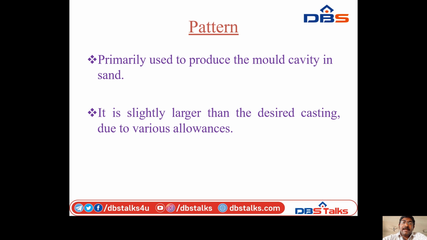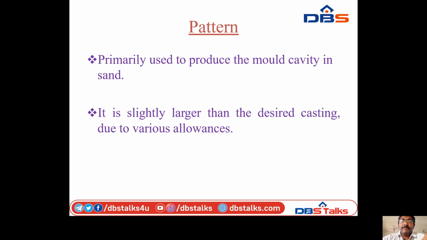So pattern is the foundry model form. It is basically defined as a model of any object constructed so that it may be used for forming an impression called mold cavity.